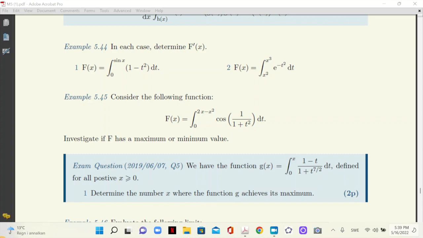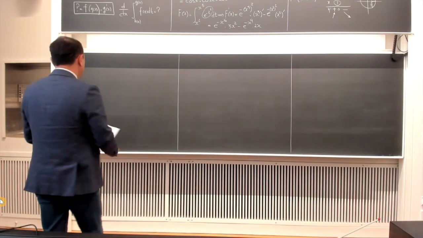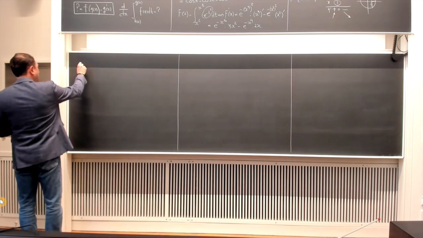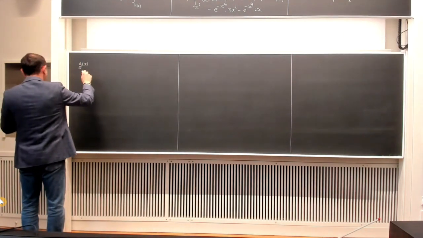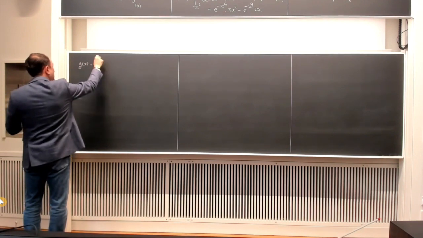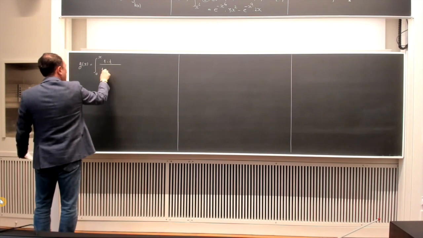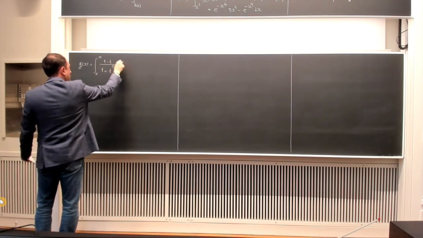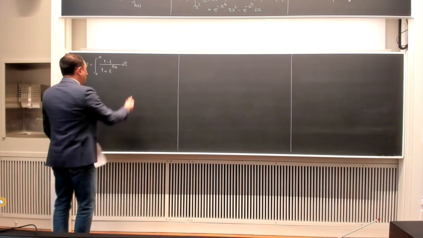Okay? So how do you think we should solve that? Again, I have g of x equals the integral from 0 to x of 1 minus t divided by 1 plus t to the power of 7 over 2 dt. Yes? Okay, the same story.